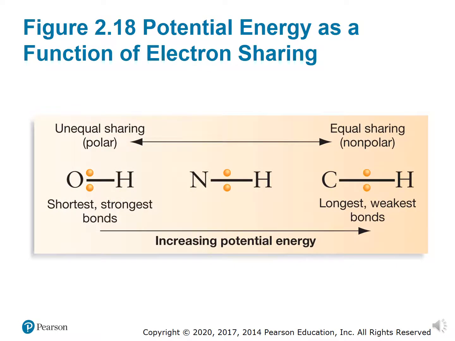So here are different forms of potential energy found in electron sharing. In oxygen-hydrogen bonds, you have short, strong bonds, and then at the opposite end in carbon-hydrogen, you have long, weak bonds. So in nonpolar covalent bonds, you have increasing potential energy.